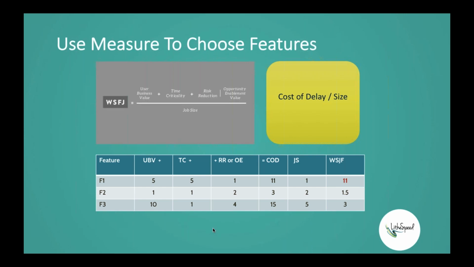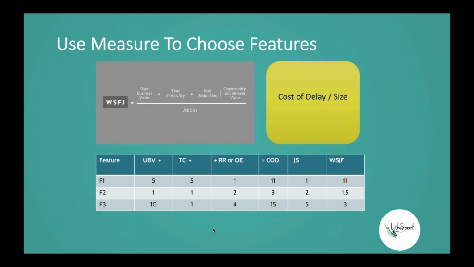Then we go to the next column, time criticality. Feature number 1 is the most time critical. It doesn't have the most user business value, but there are reasons to do it sooner rather than later. It gets 5 times as many points from a time criticality standpoint as the other 2 features. Features 2 and 3 only get 1 point in that second column because it doesn't really matter when we do those particular features.